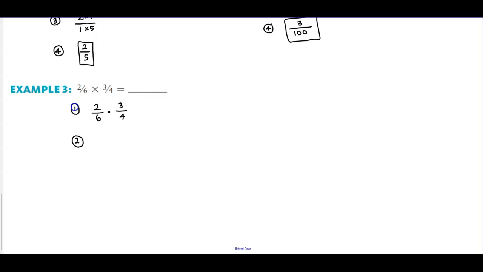So in the numerator, 2 is already in prime form. 3 is already in prime form, so this is 2 times 3. Now, what is the prime factorization of 6? Well, that's 2 times 3. So we're going to replace 6 with 2 times 3. And we know the prime factorization of 4 is 2 times 2, so we're going to multiply that by 2 times 2. And now we're going to simplify.